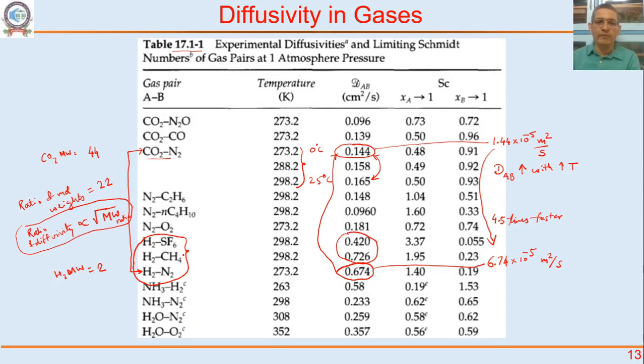As the molecular weight of the medium increases, diffusivity is reducing. Same gas, hydrogen, diffusing through SF6, higher molecular weight of the medium as compared to methane, lower molecular weight of the medium. Diffusivity is lower. Look at these two values.